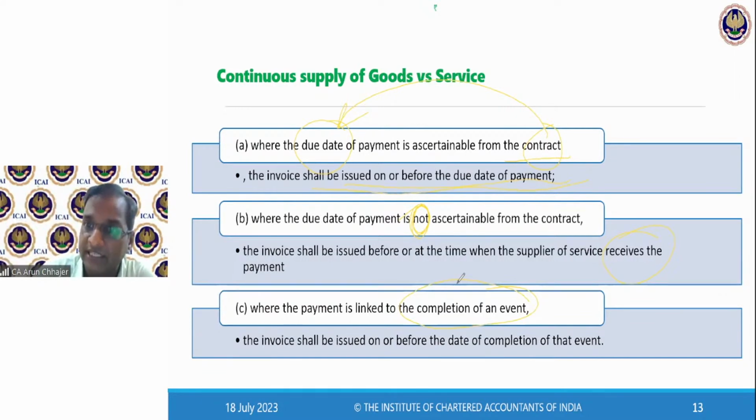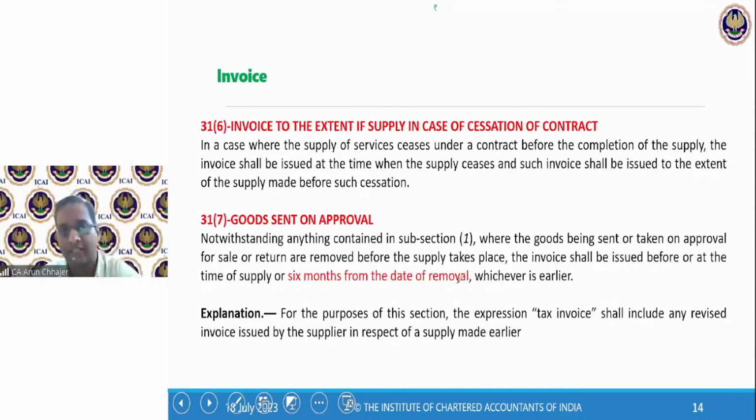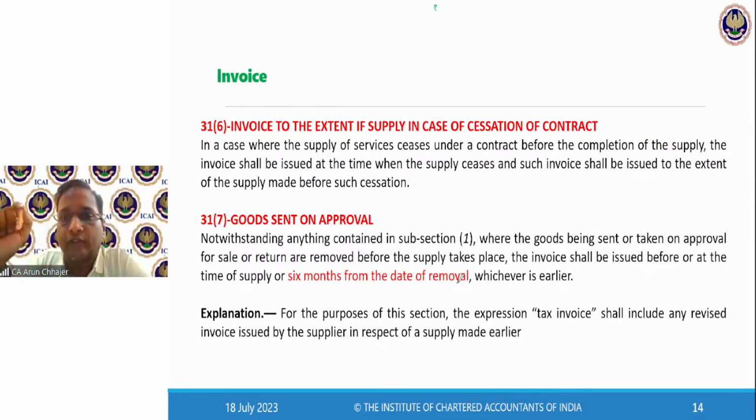Whether payment is received or not received doesn't matter. In case of cessation of the contract, if the contract is cancelled before completion, then invoice has to be issued to the extent of the supply made before such cessation.